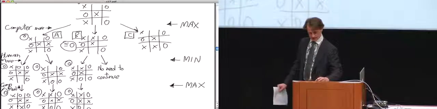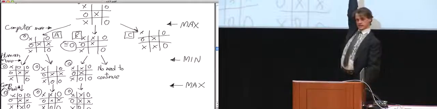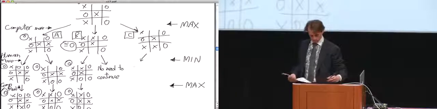So having done that, now we skip ahead to the next sibling or the next child of the root, this grid C, and we'll do the same thing with grid C. We will try one move. We will see what happens if O plays the top center, and then we get this grid.